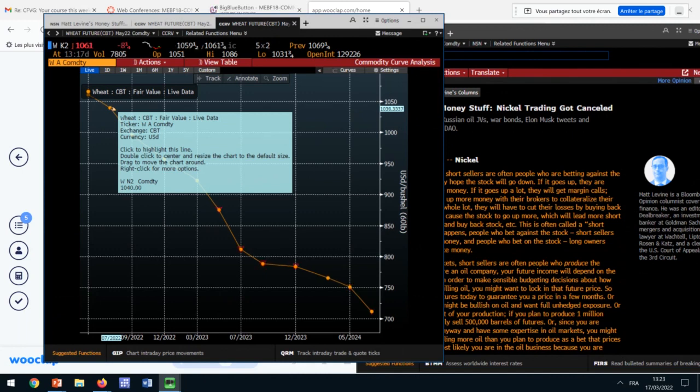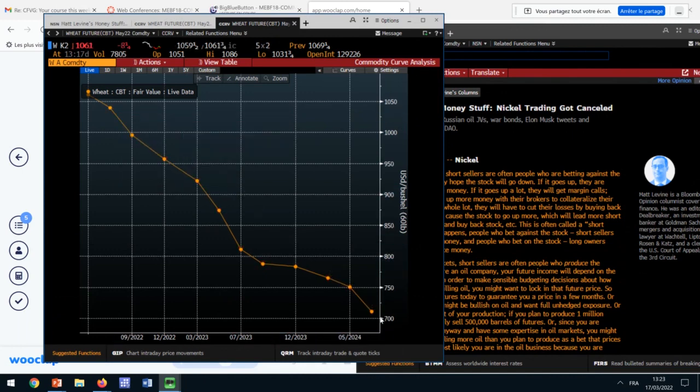So actually, the price for delivery in September is this one. Yes, September 22. And you can see that you can buy wheat up to 2 years in the future. And you can also see that if you want wheat only in 2024, the price is actually quite low. Why?